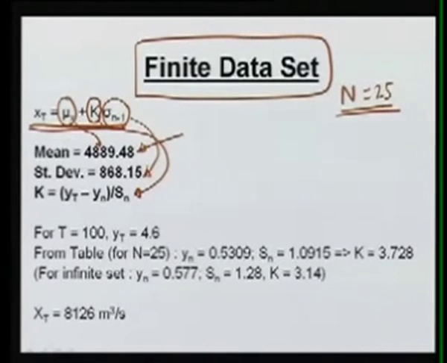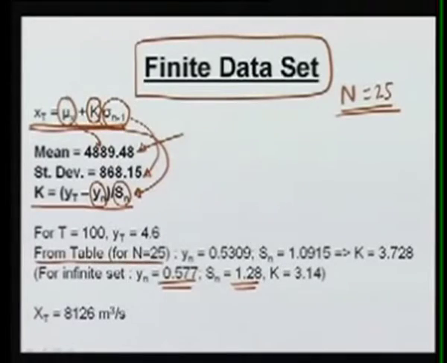this mu x we have already obtained from the data, but now this k, instead of having a value yn and Sn, which were earlier given as 0.577 and 1.28, instead of these values now they will depend on how many years of data we have.